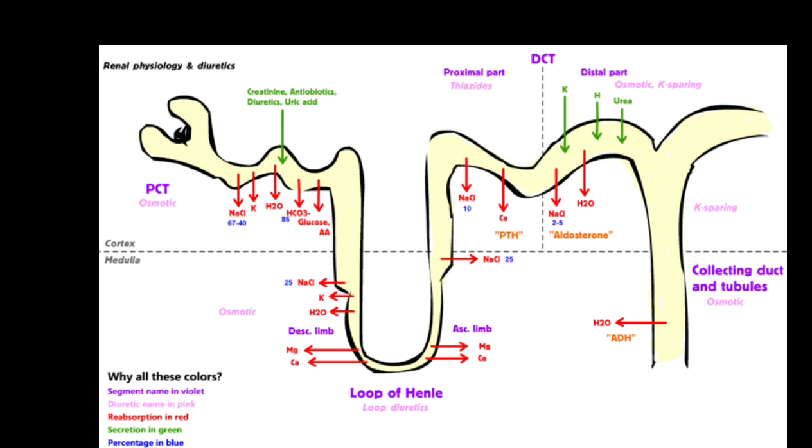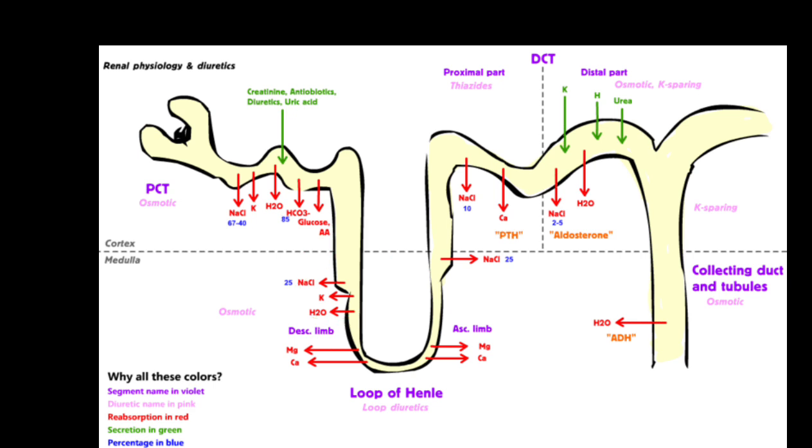Now, what happens in the proximal convoluted tubule? Phosphate, bicarb, glucose, sodium, potassium, chloride, all the electrolytes, including water, are reabsorbed. And as the filtrate goes down from the proximal convoluted tubule to the thick descending limb of the loop of Henle, further reabsorption of these ions takes place along with the water.